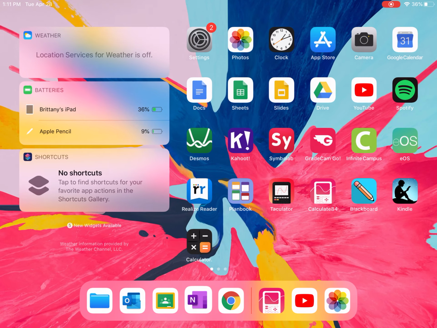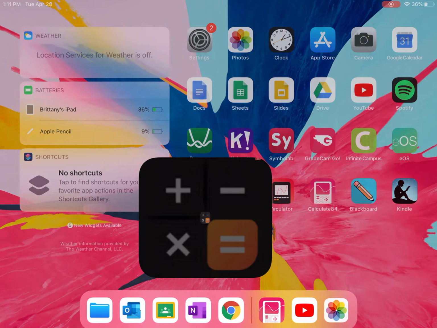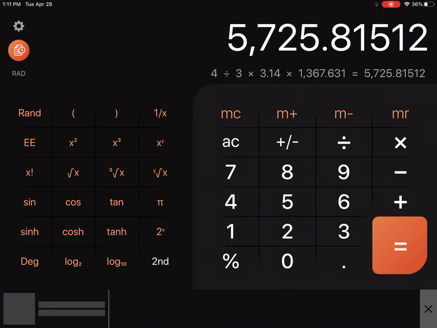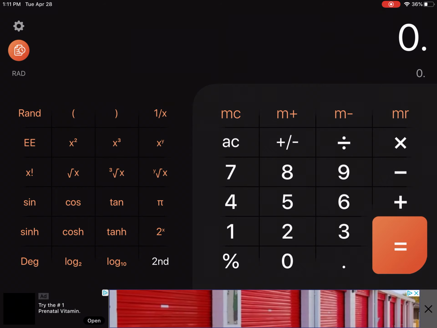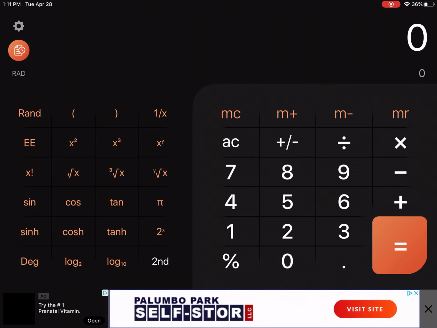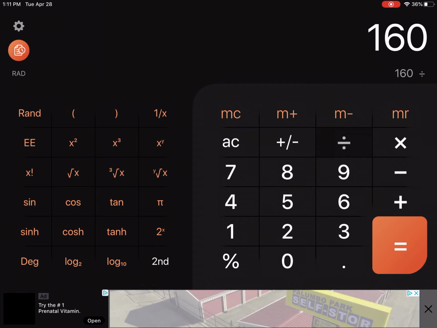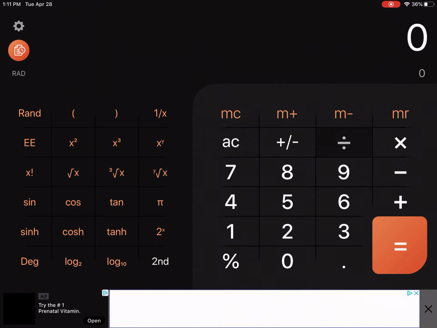If you have an iPhone calculator, right here, I would do the 160 times, oops, not divide. I would just multiply the numerator first, okay?